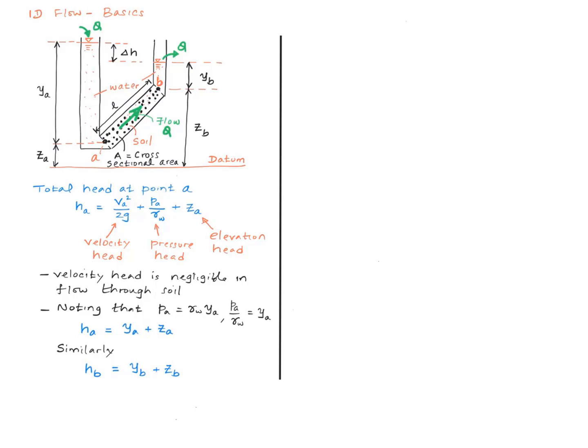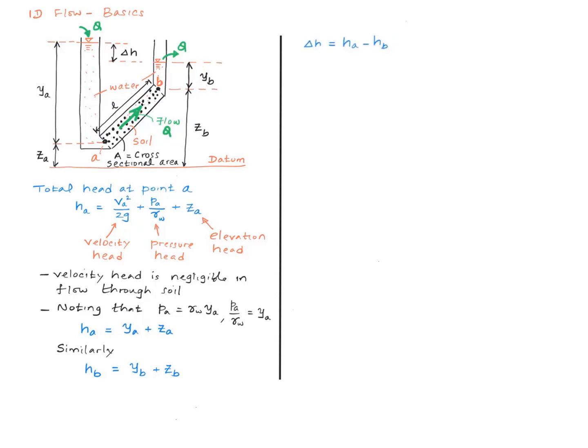Now if you come back and look at the picture one more time, you notice that this whole distance starting from the datum to the top of the water level is the total head at point A. And similarly, this distance starting from datum to the top of this water level is the total head at point B. They are not the same, higher here and lower here.